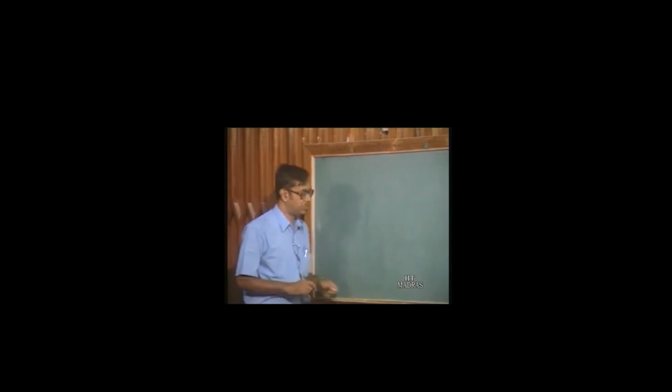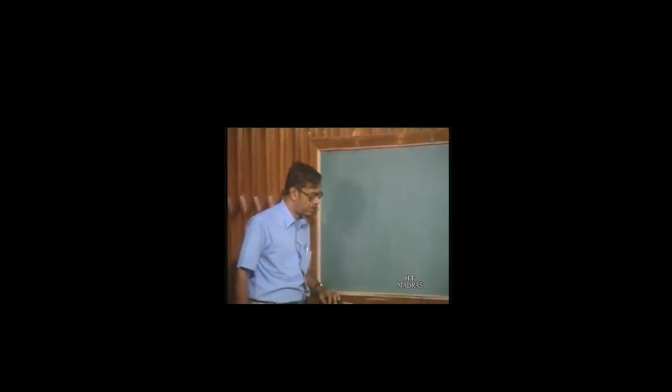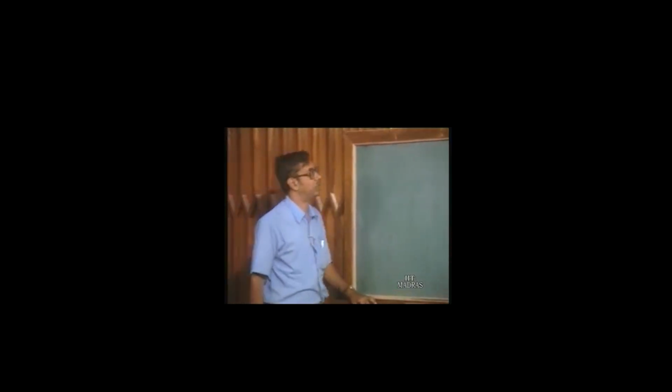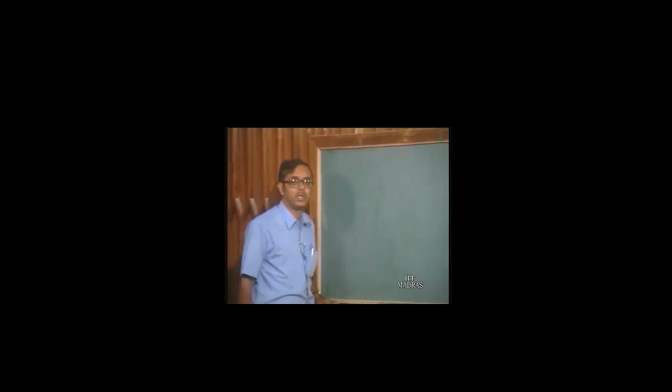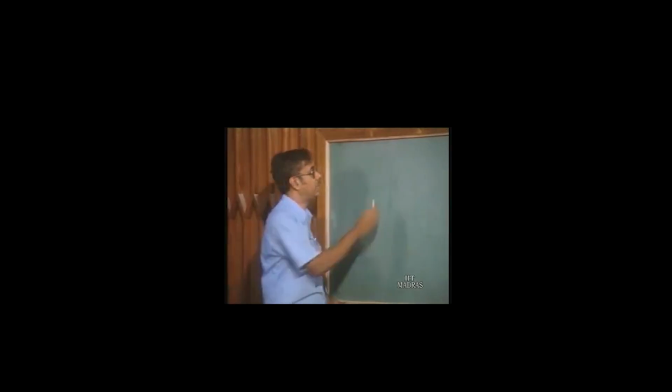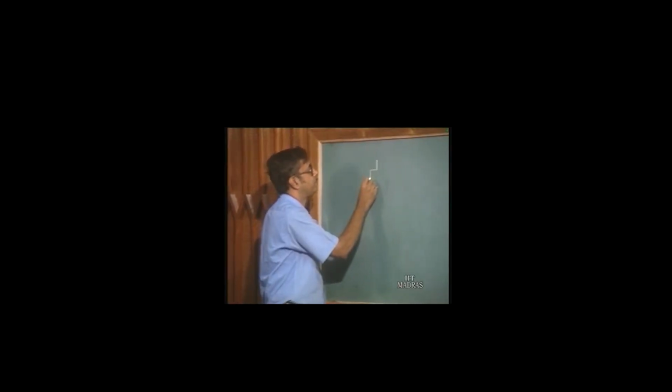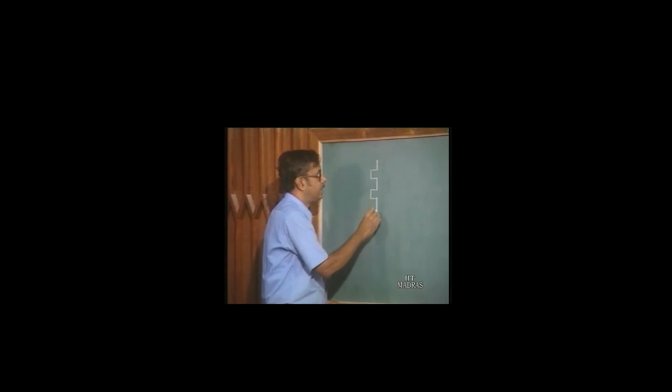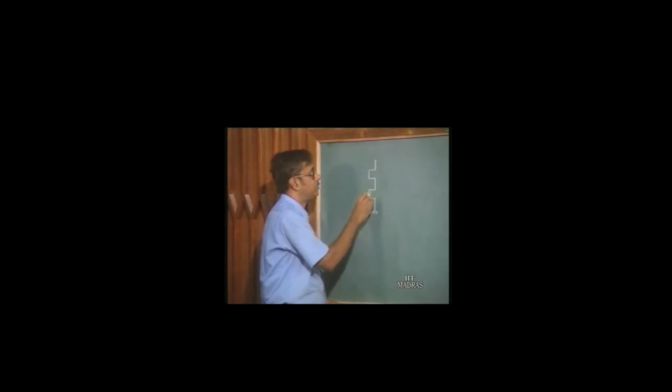So in today's class, we shall take up two such logic families which use only depletion mode transistors. Like always, we shall start with the inverter. In this case, since we are using only depletion mode transistors, we have two depletion mode MESFETs.